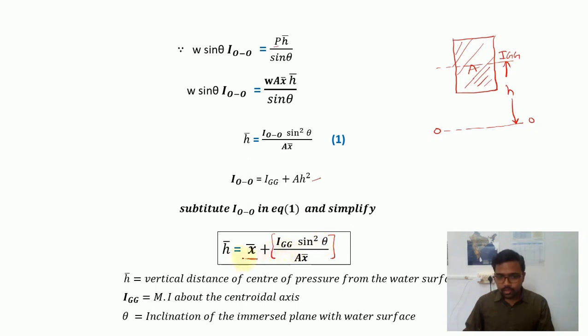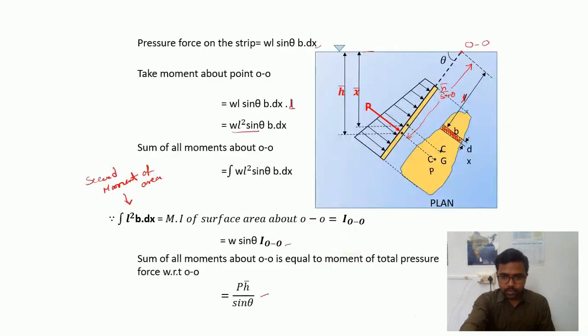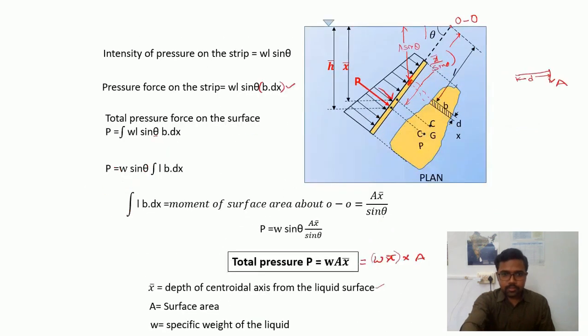So for a horizontally immersed object, h bar is equal to x bar. These two equations which I kept in boxes are the important things that you have to remember.